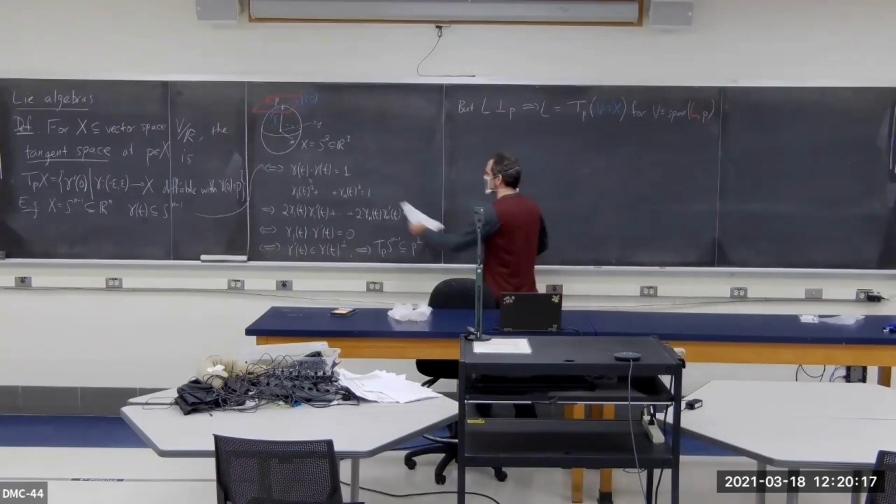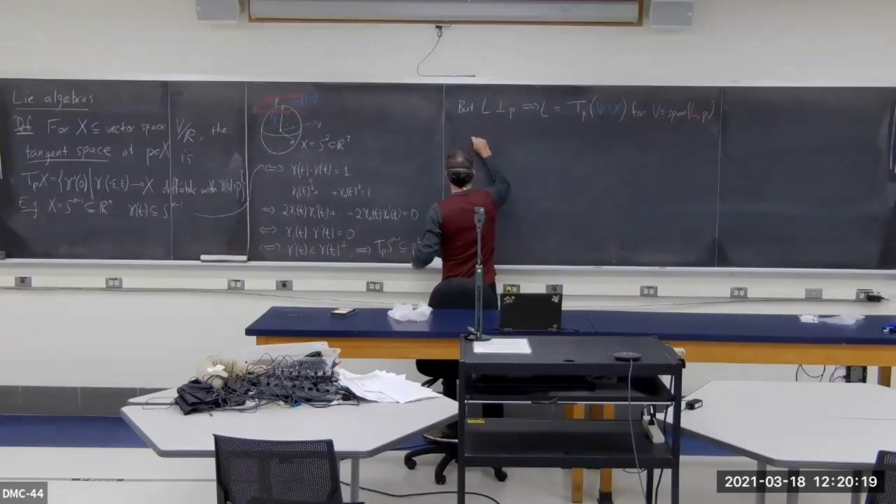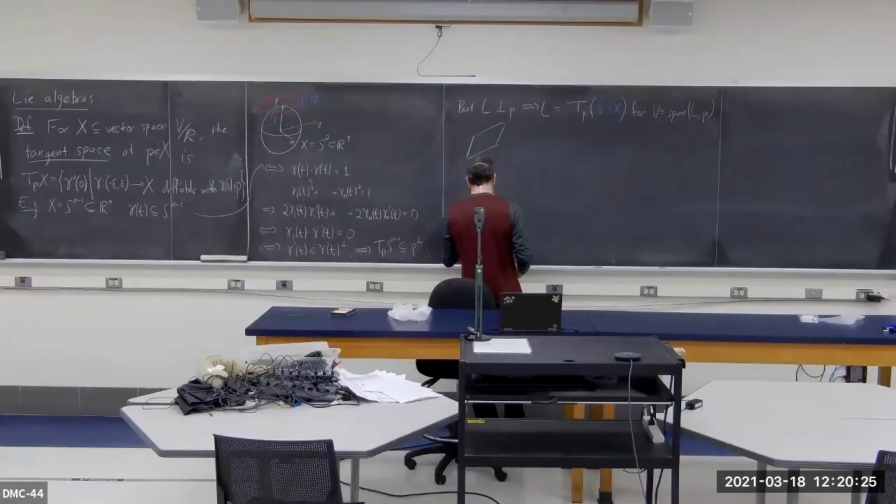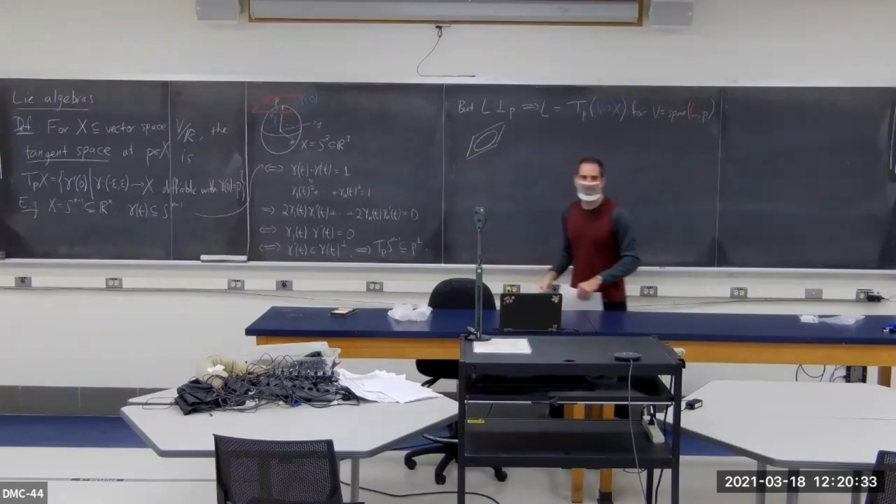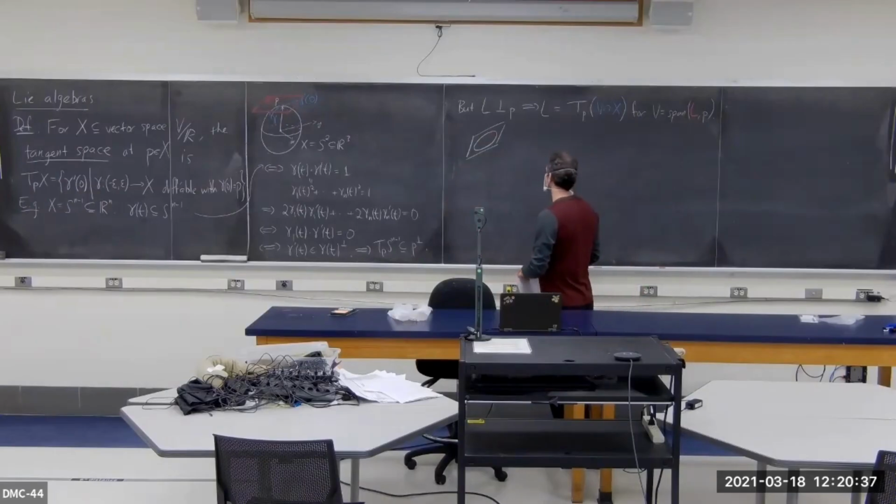The picture is that I slice this sphere by a two-dimensional plane. When I slice the sphere by a two-dimensional plane, I get a circle in R3.